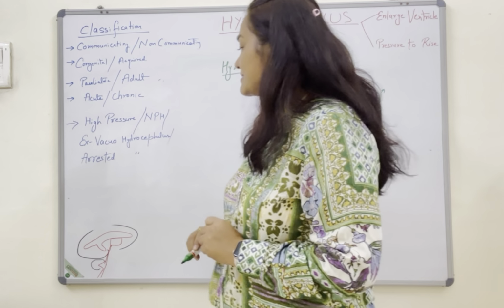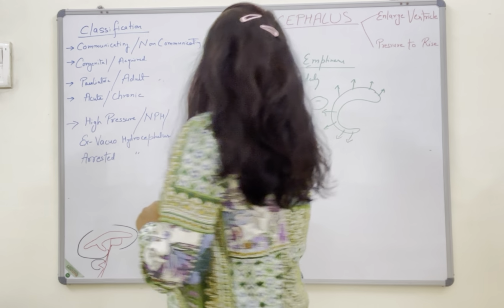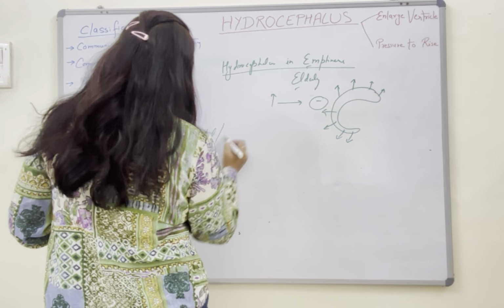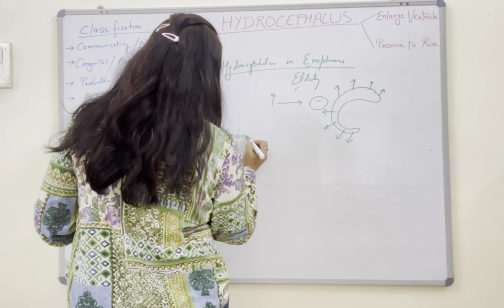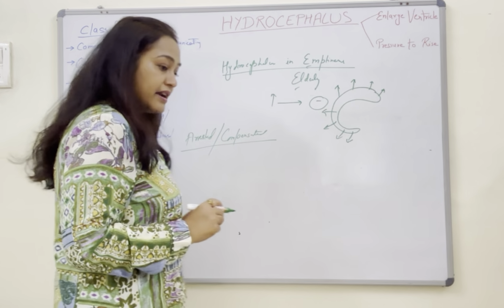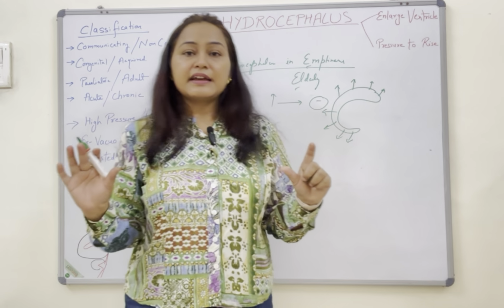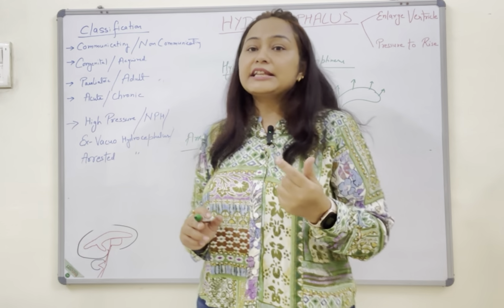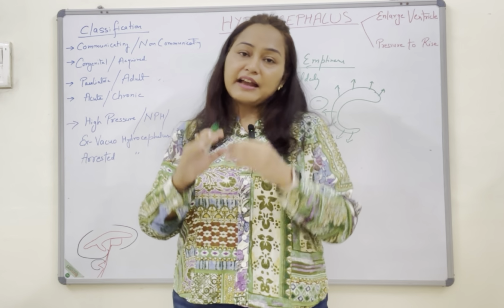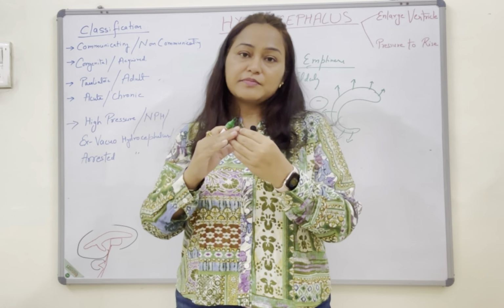And what is arrested hydrocephalus? Arrested hydrocephalus is also called compensated hydrocephalus. As the name suggests, compensated. That means initially there is a rise in the ICP. Ventricles are dilated, no doubt. Initially there is a rise in the ICP, but later on it gets compensated and the ICP becomes normal.